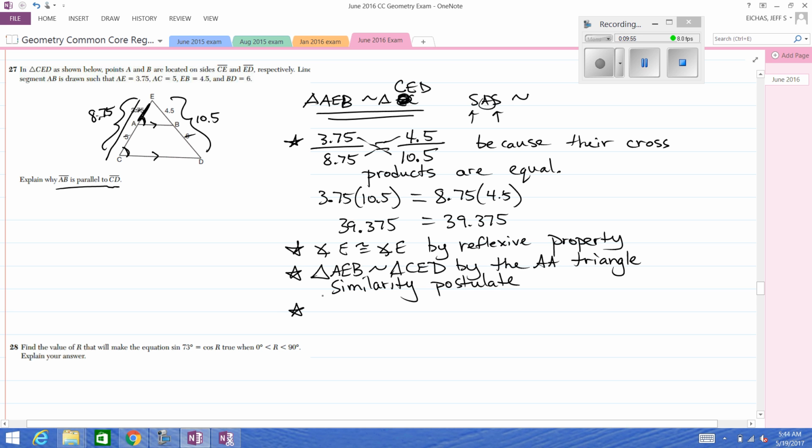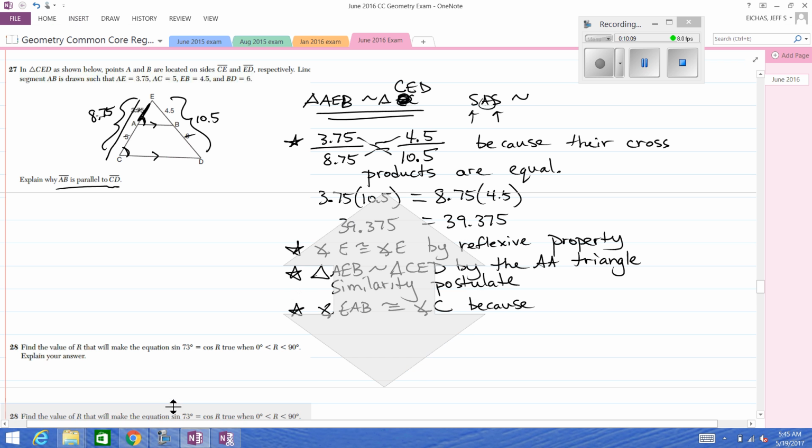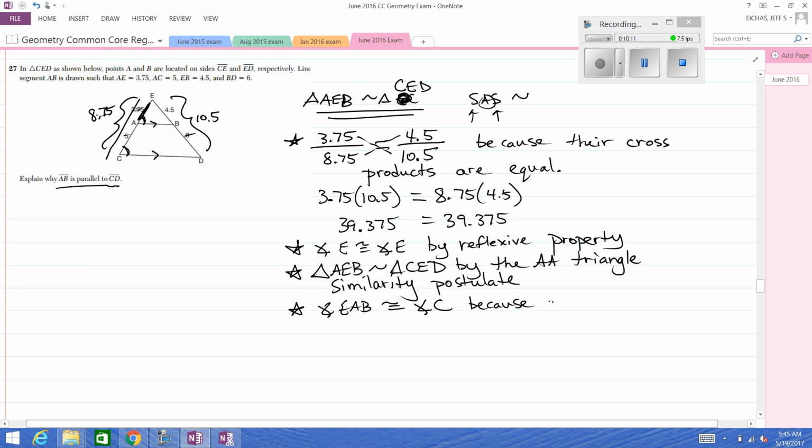Okay, angle EAB is congruent to angle C, because corresponding, let me get some more room here. Corresponding angles of similar triangles are congruent.